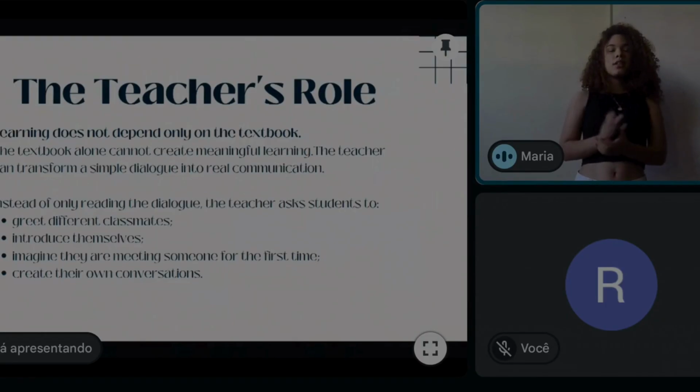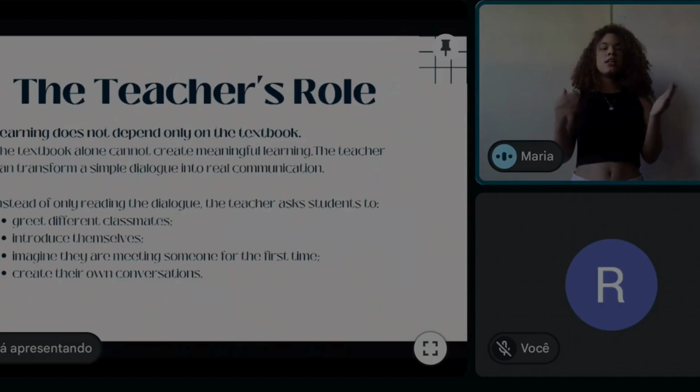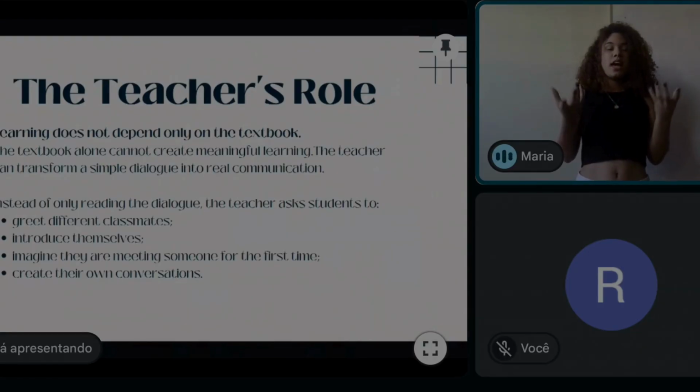In the textbooks, imagine they have a dialogue like, "Good morning, how are you?" "I'm fine, how about you?" "I'm good, thank you." Instead of the teacher just asking the students to read the sentences and try to memorize them, the teacher can ask the class to divide in pairs and try to put this dialogue into practice.